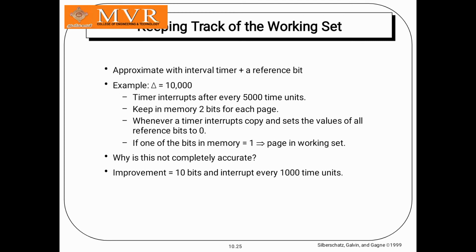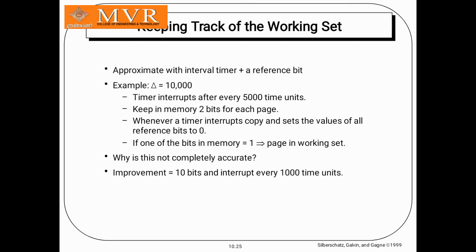And keeping track of the working set. Here we must keep track of the working set, approximating it with an interval timer plus a reference bit. For example, the working set window is 10,000. The timer interrupts after every 5,000 time units, and we keep in memory 2 bits for each page.